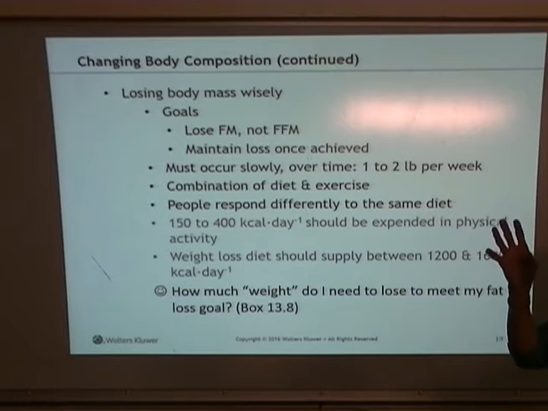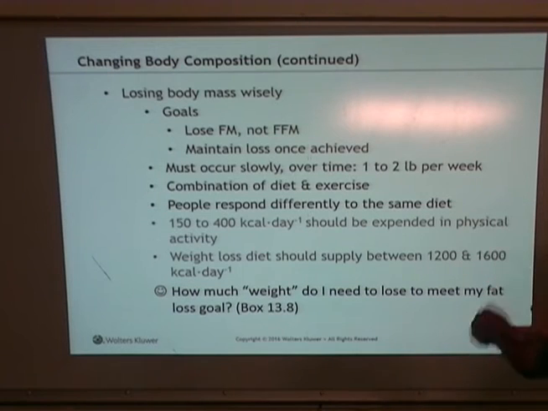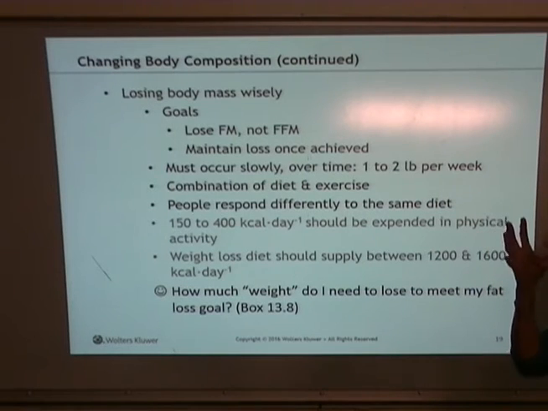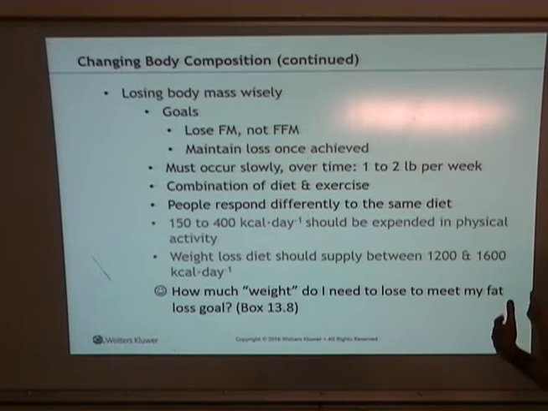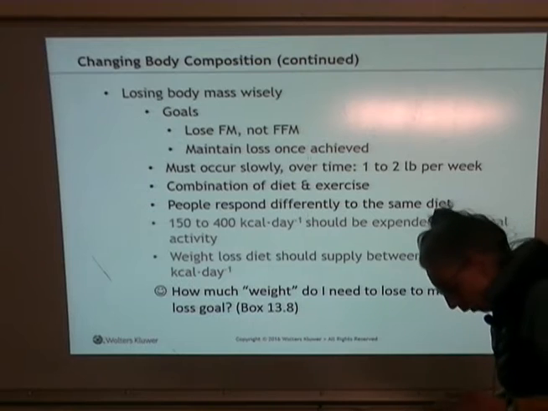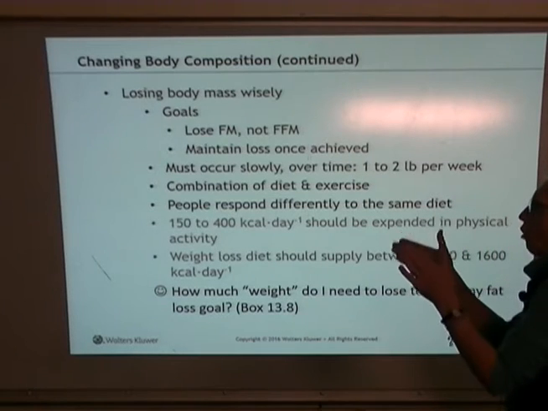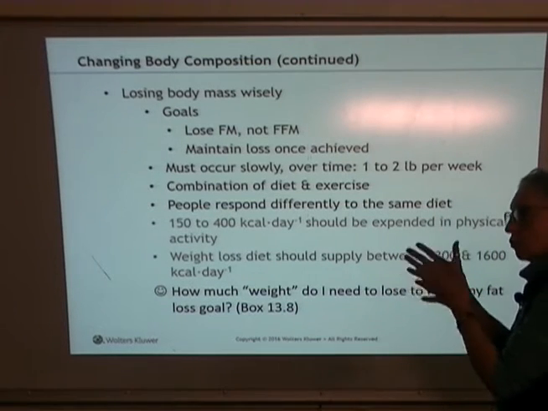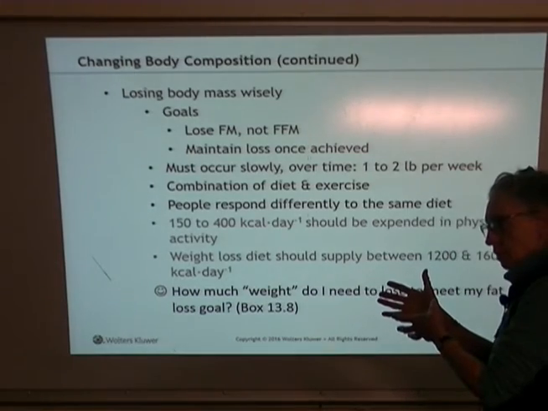If all I'm doing is dieting, then that weight on the scale may not be fat mass, right? So given that they're doing their physical activity program at the same time to maintain bone and muscle mass, what's the weight change that would correlate to that much fat loss, right? Does that make sense?